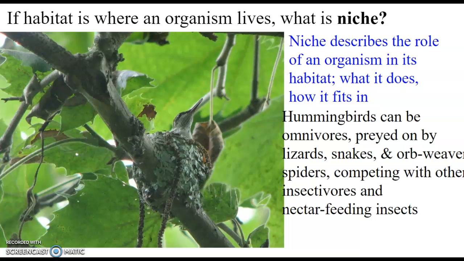So when you describe what they do, how they fit into their ecosystem, behaviorally, food relationship-wise, and even how they might compete for certain resources, then you are describing their niche. So habitat, where they live. Niche is what do they do where they live.